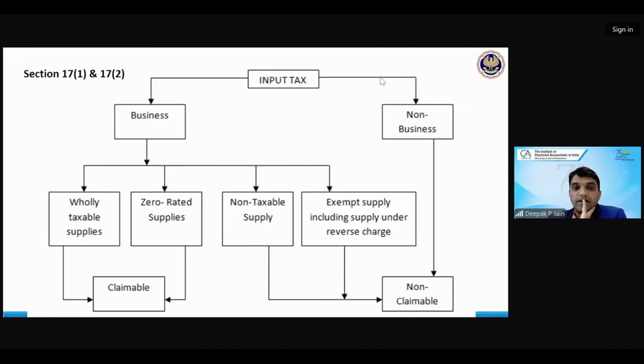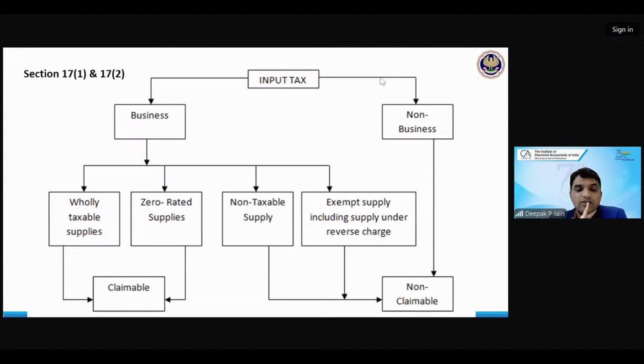Zero rated supplies are supplies made to SEZ, is what Rishabh Gupta is saying. And Swati is saying zero rated is included in GST as a rate of percentage, but exempt or non-taxable supply is fully out of GST.